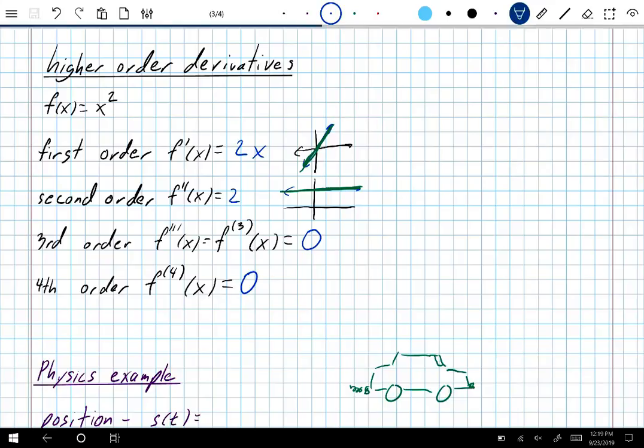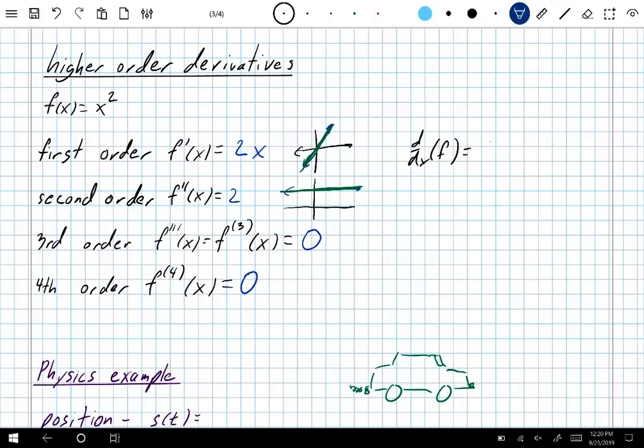There is another notation for this, which I'm going to introduce to you ever so quickly. We saw that if I want to take the derivative of f, I could write this as df dx, or if I wanted to, dy dx. If I wanted to take the second derivative, I could take the derivative of df dx.